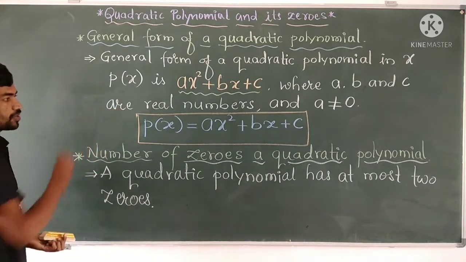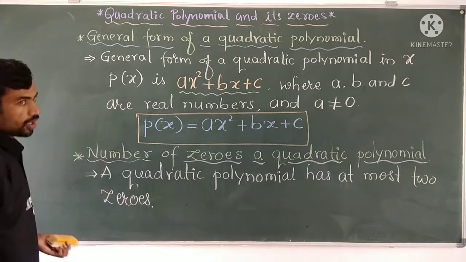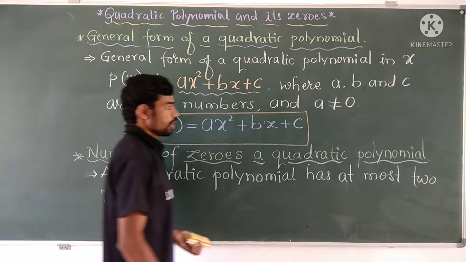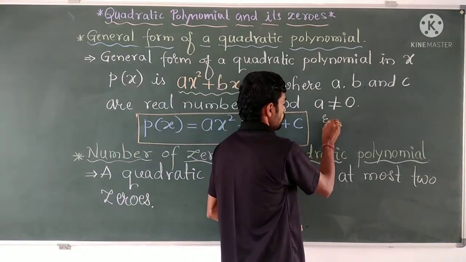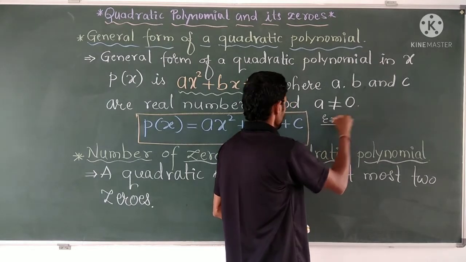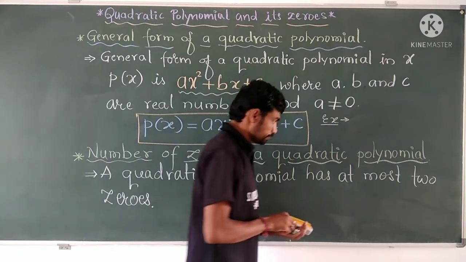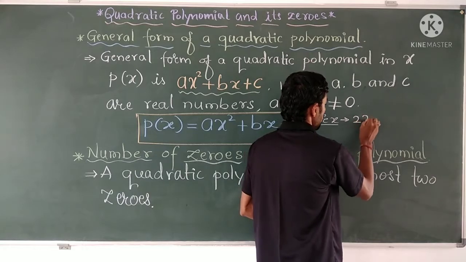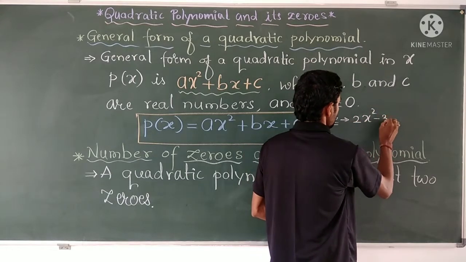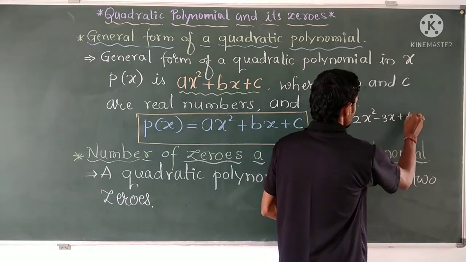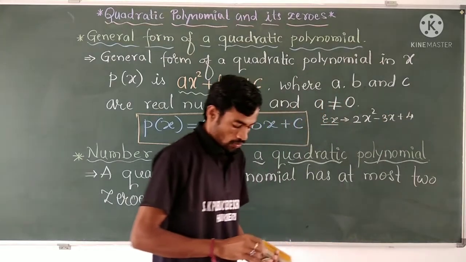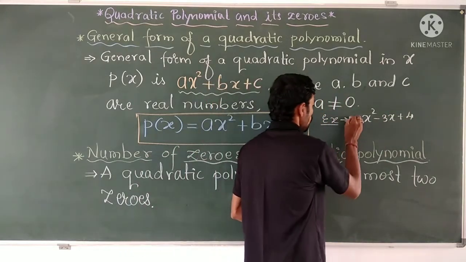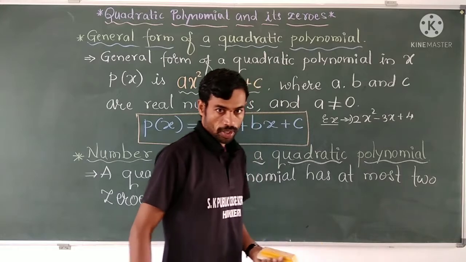Some examples we can give for a quadratic polynomial are 2x^2 - 3x + 4. This is one example of a quadratic polynomial.